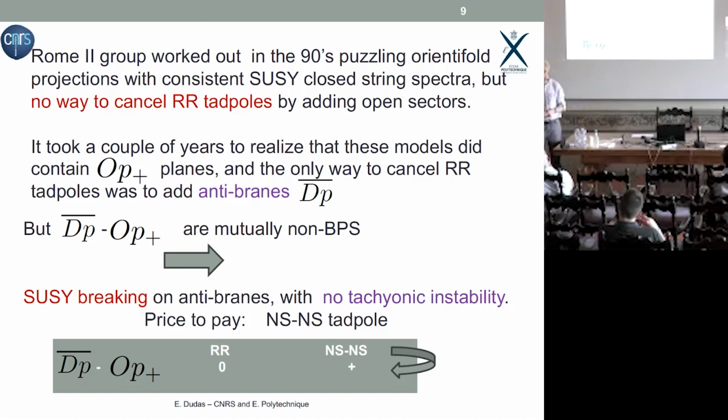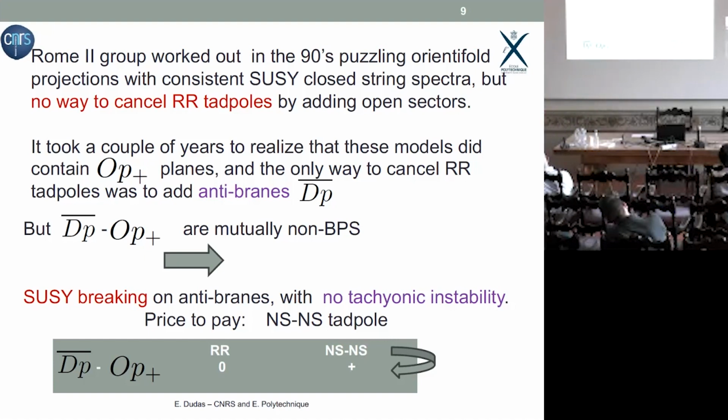So you have an exotic orientifold, and you have to add anti-branes. This cancels the charge, the tadpole, but these are mutually non-BPS objects that break supersymmetry, without having tachyonic instabilities like brane anti-brane systems. This was the only idea.